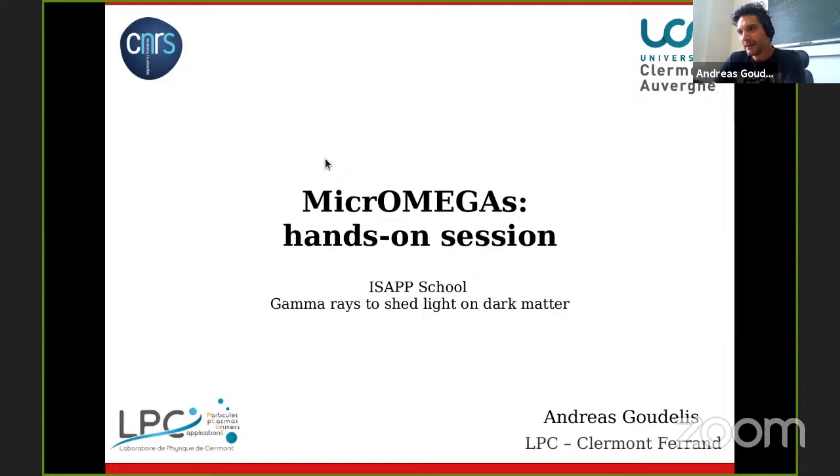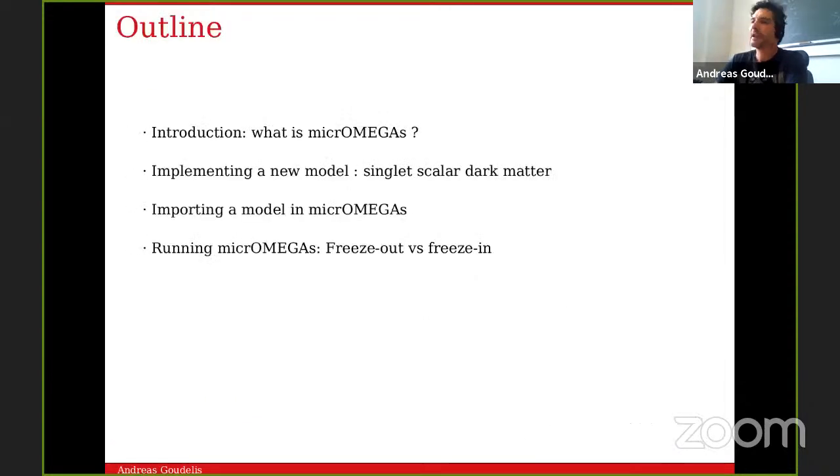So this is what I will be talking about, as you also probably saw in the preparatory instructions that were put on the school webpage. The first part will be a more classic talk, looking a bit historically at how micrOMEGAS came to be and what it actually is.